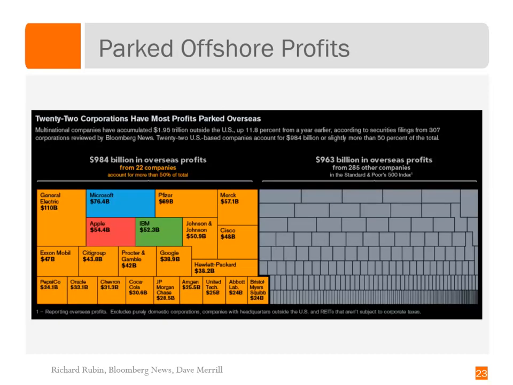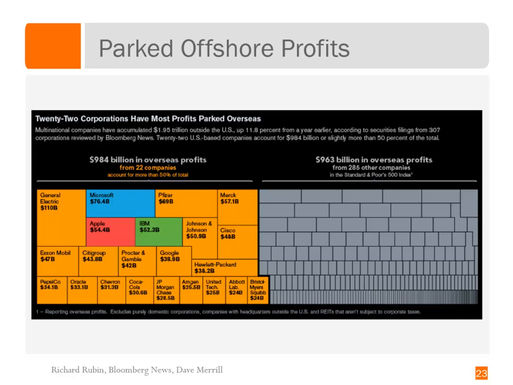Now, this is a data visualization using a tree map to help illustrate a particular phenomenon that's going on related to parking offshore profits. So this gets into basically how tax structures have been set up by multinational corporations in different countries. And what we see here is a comparison of 22 companies on the left to another 285 companies in the S&P 500 index.